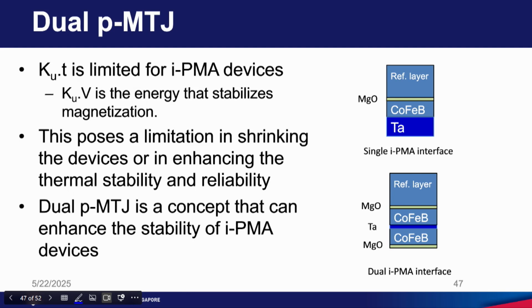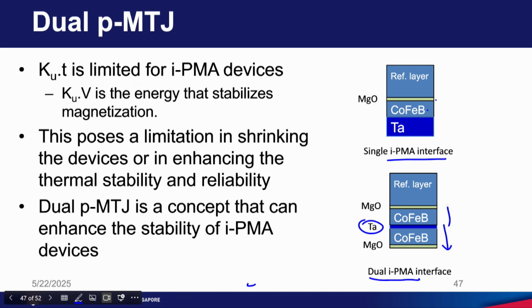Okay, so this is the normal IPMA interface. You have tantalum, cobalt iron boron, magnesium oxide. Whereas in the dual IPMA structure, you have only one tantalum which is in the center. Then if you look at this way, you have a tantalum, cobalt iron boron, magnesium oxide.